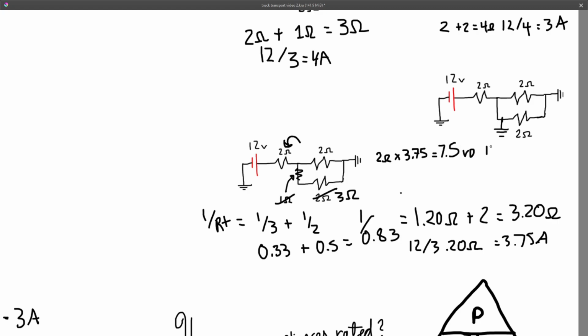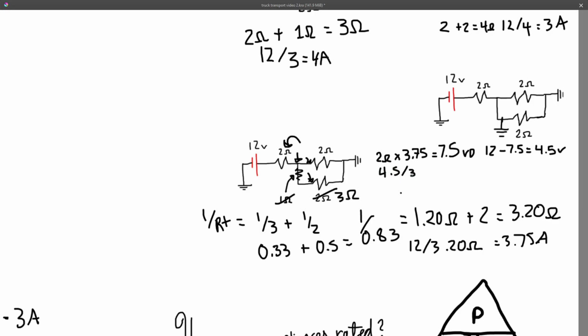So what we need to do is take our 12 volts minus 7.5, which will give us 4.5 volts. So we have 4.5 volts right at that connector. So 4.5 volts is going to the beginning of each resistor. Now, what we have to do is take our 4.5 volts and divide it by each resistor in the parallel circuit.